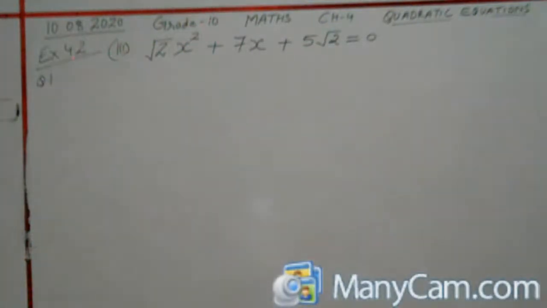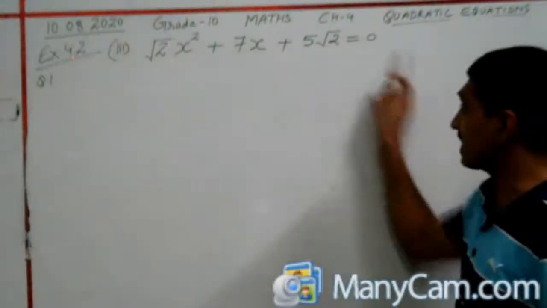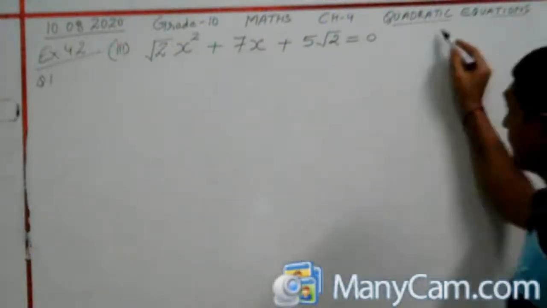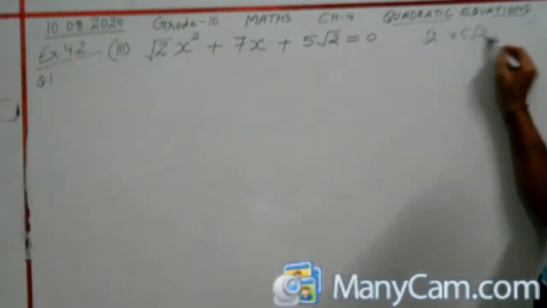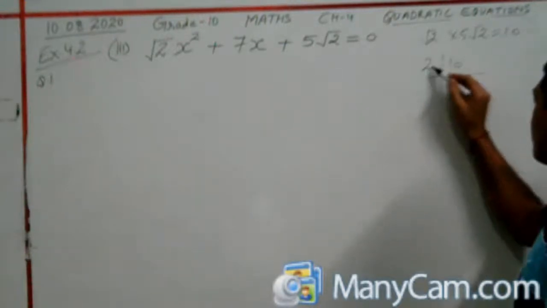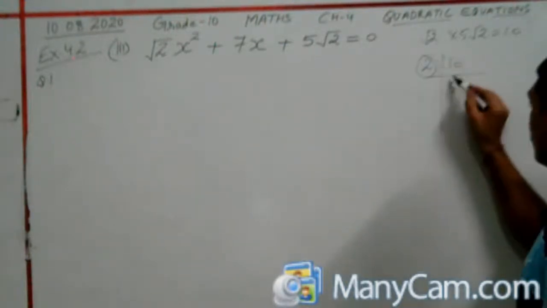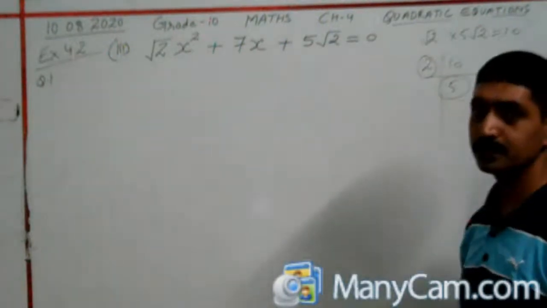So what is a into c? That is root 2 into 5 root 2, which is equal to 10. When we factorize 10, the prime factorization is 2 and 5. So 7 can be replaced by 2 and 5.